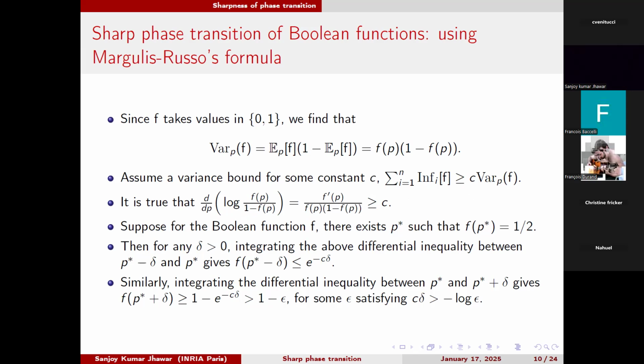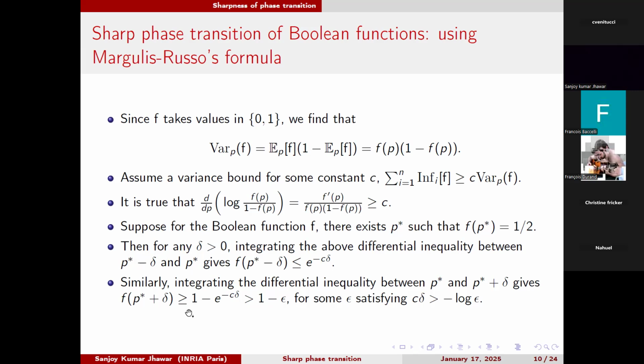Okay. So in our bond percolation model, p star is the critical value of the parameter, then we can integrate this differential inequality from p star minus delta to p star. This will give me that the average value of the Boolean function at p star minus delta, right below the critical value, is exponentially decaying. Okay.